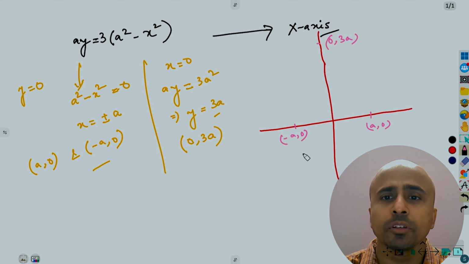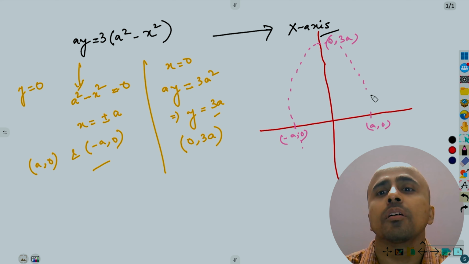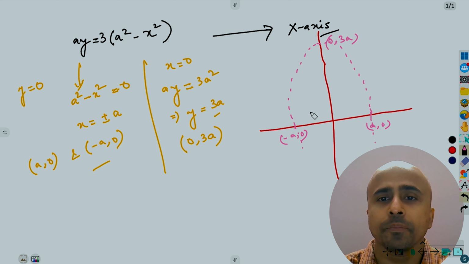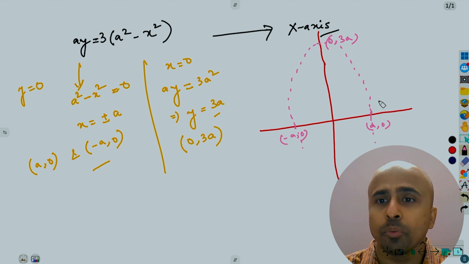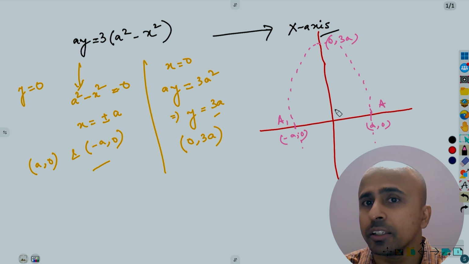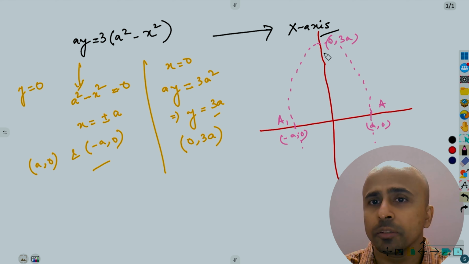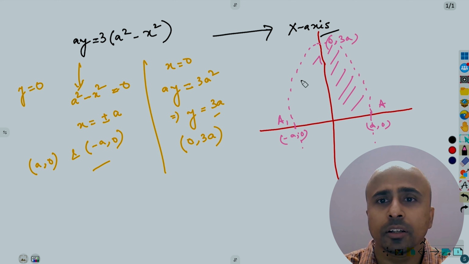Therefore the parabola will look like this, roughly. So now that we have obtained the points at which the parabola intersects the x-axis, from here we can easily evaluate the area of this part, because see, this part and this part are symmetric, right?